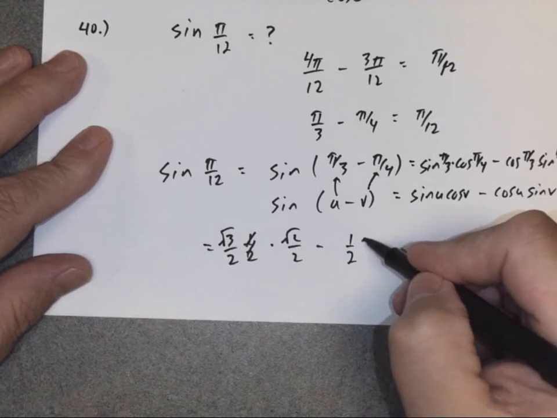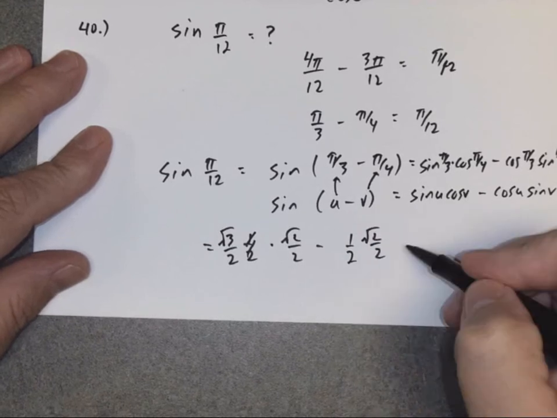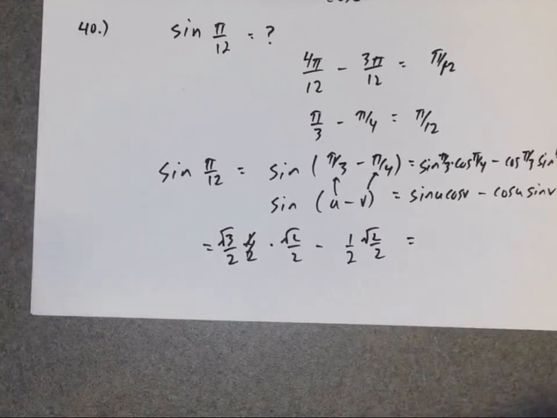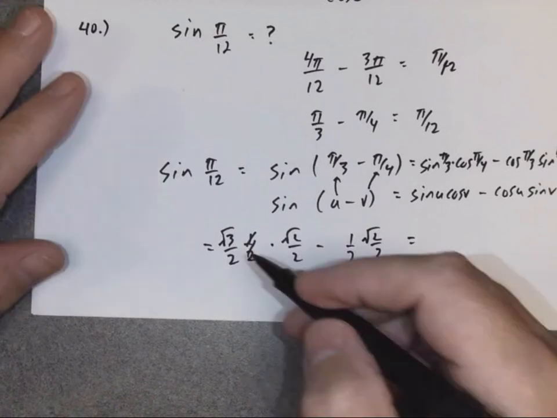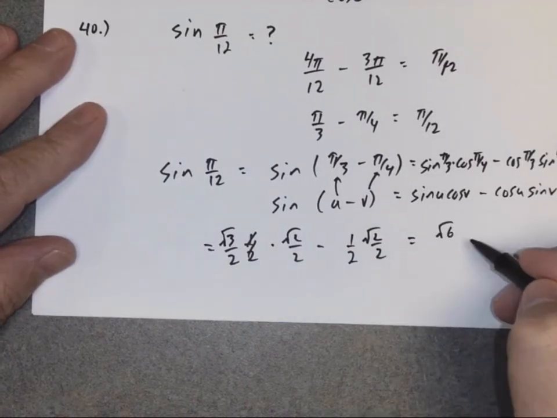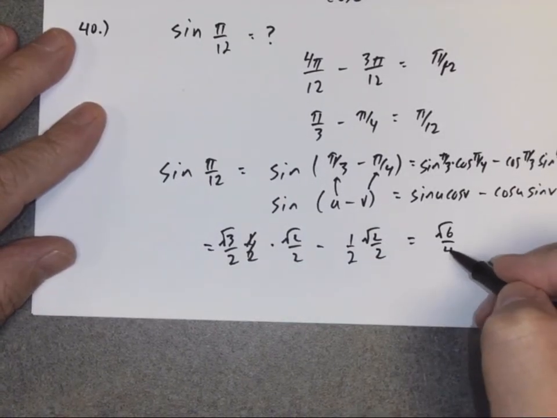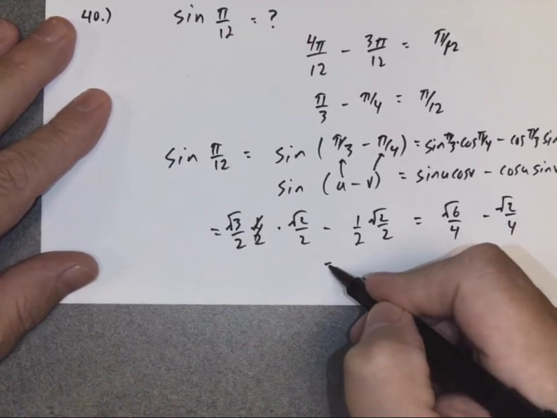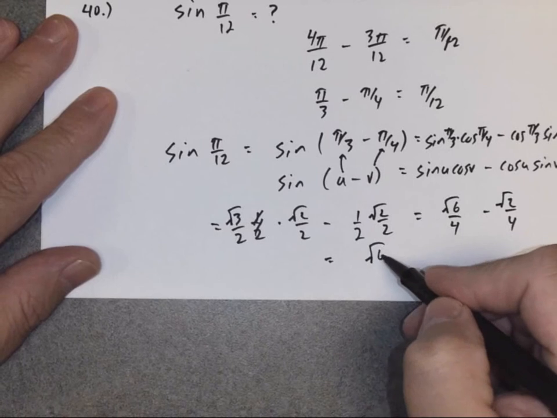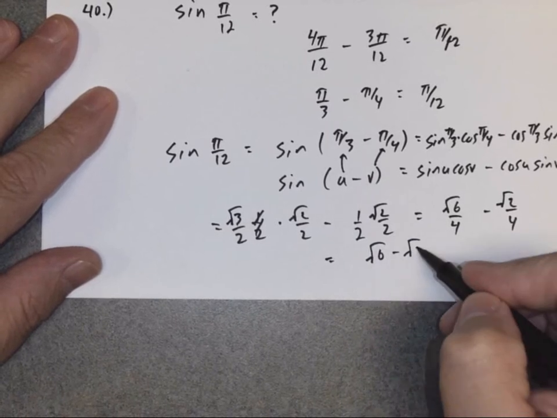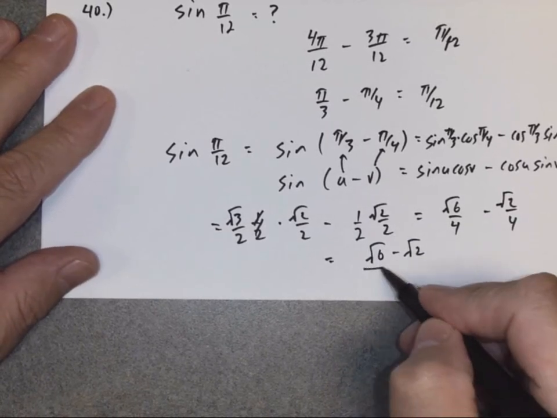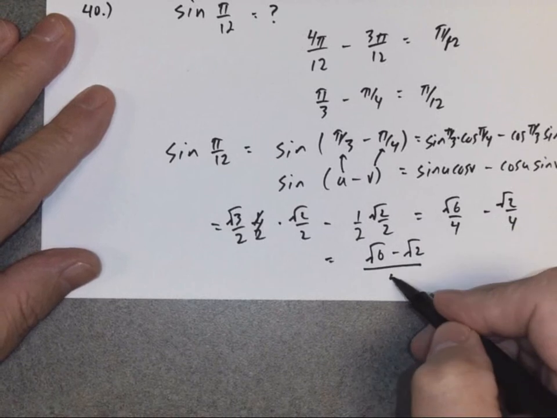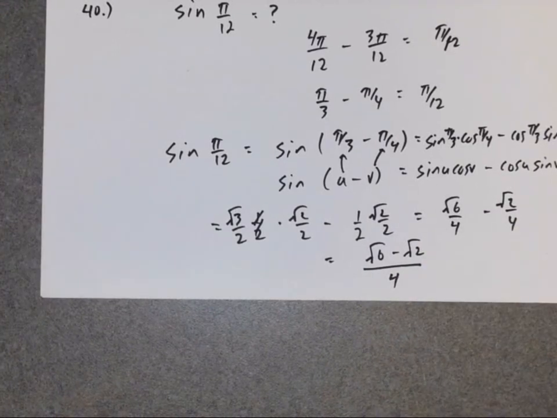The sine of pi over 4, so now I have square root of 6 over 4 minus square root of 2 over 4. So if I combine these in one fraction, square root of 6 minus square root of 2 over 4, and that is the correct answer.